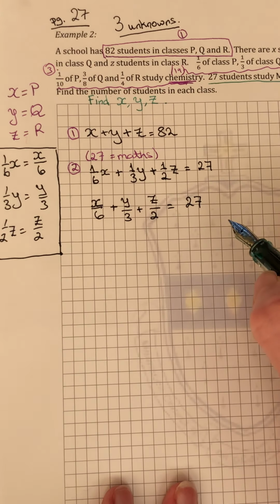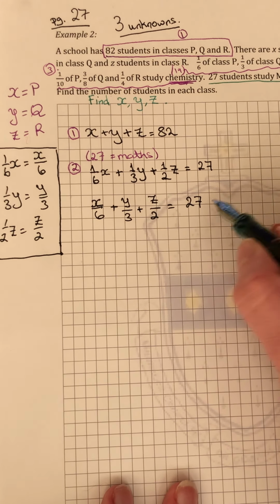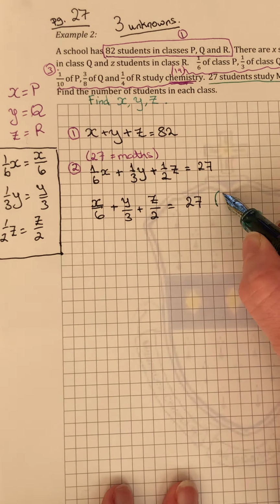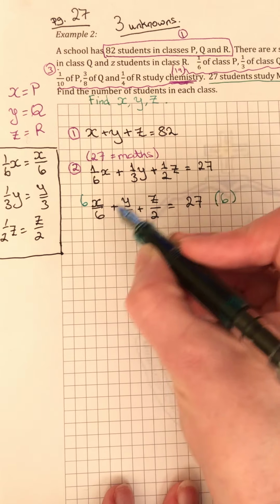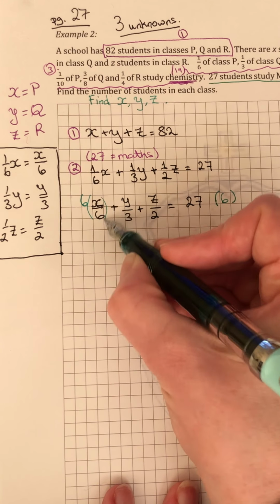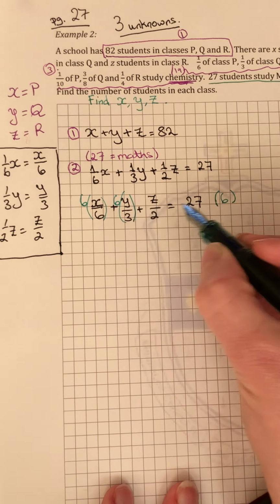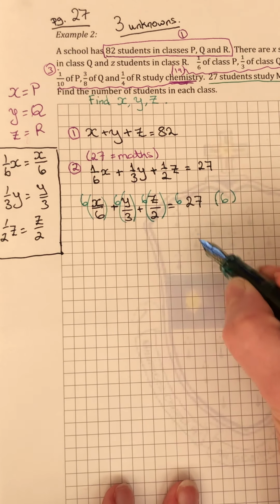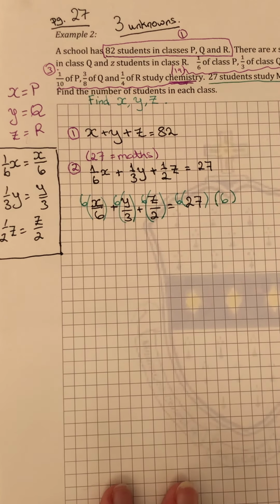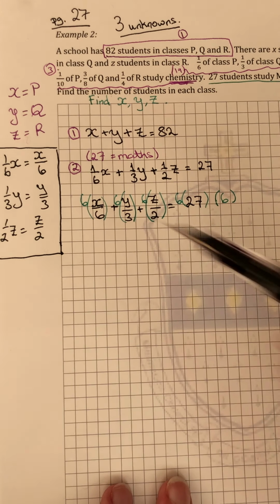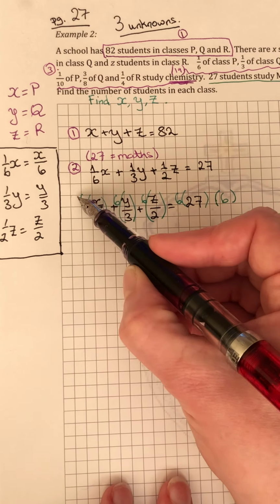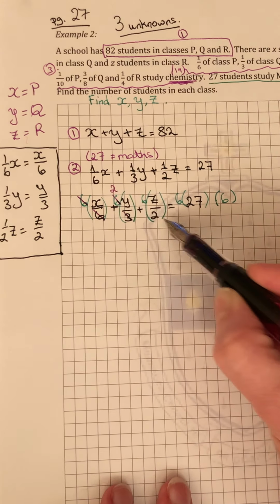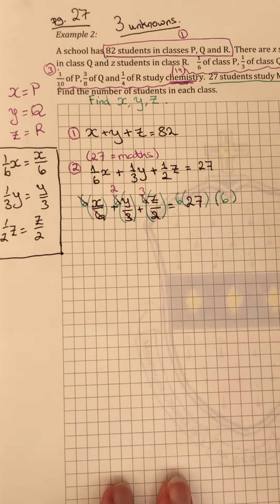Okay? And how do we get rid of the fraction? Well, we multiply across by a common denominator. And in this case, the common denominator is 6, because 6 goes into 6, 3 goes into 6, and 2 goes into 6. And of course I will have to multiply the other side of the equals by 6 as well. So then what happens? The 6 on the top there and the 6 on the bottom there divide in. 3 into 6 goes twice. 2 into 6 goes 3 times.